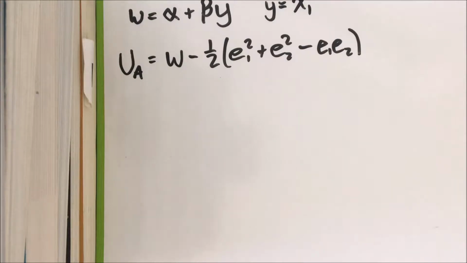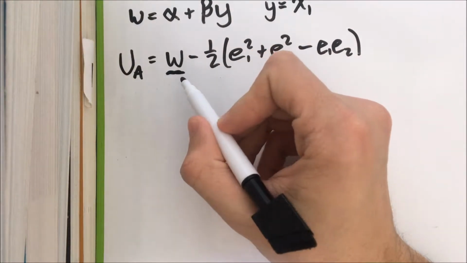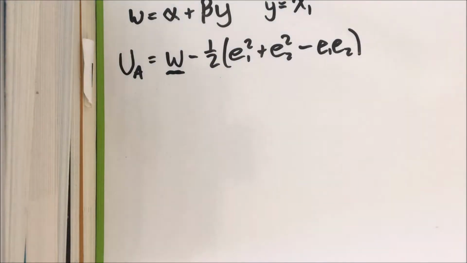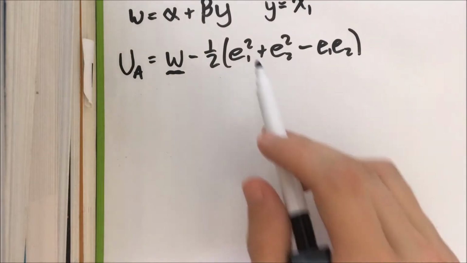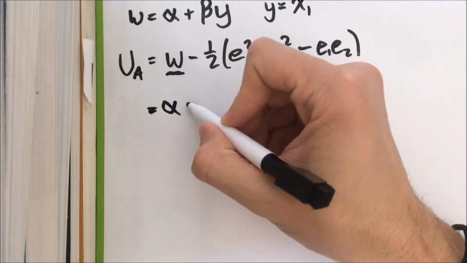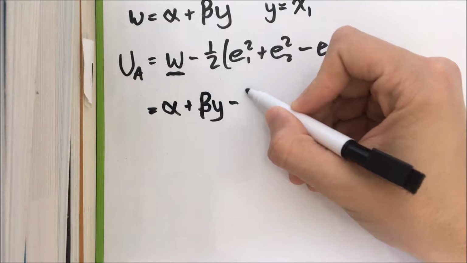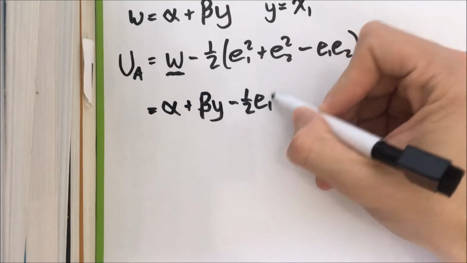The first thing we're going to do is substitute what W is, so we can put it all in terms of things that the agent can affect. We're going to find his utility in terms of E1 and E2. Remember his wage is alpha plus beta Y minus, and I'm just going to expand this out now.